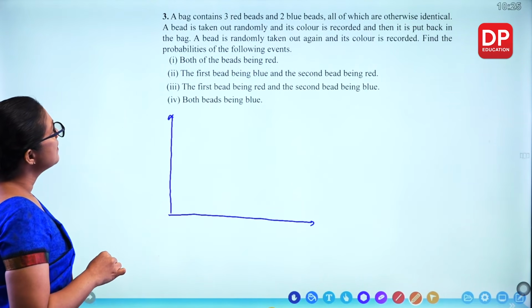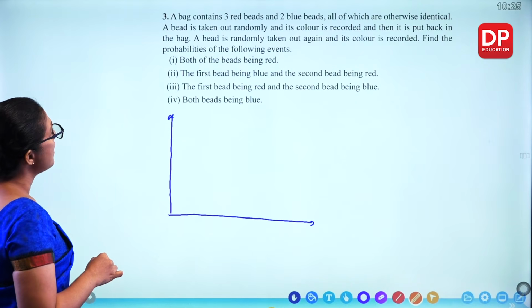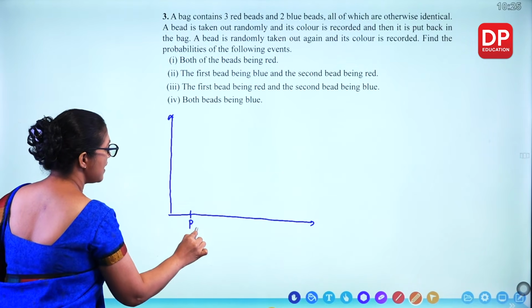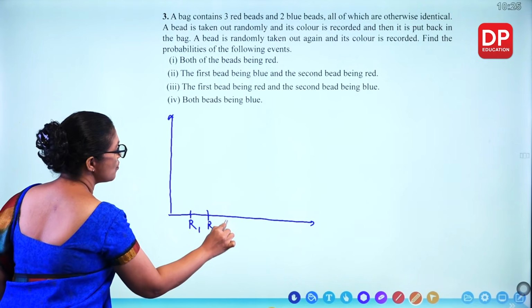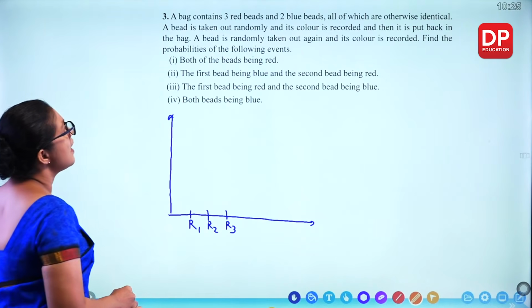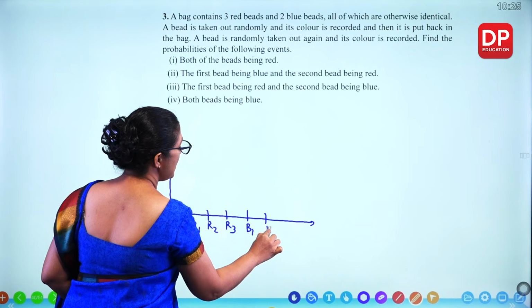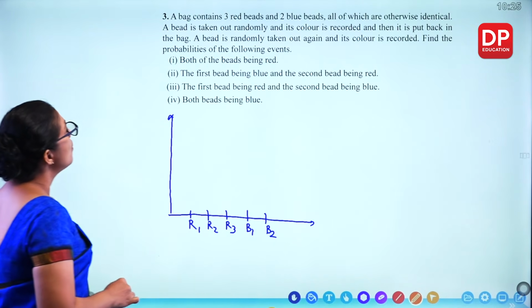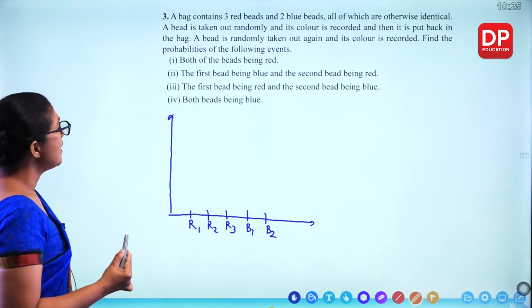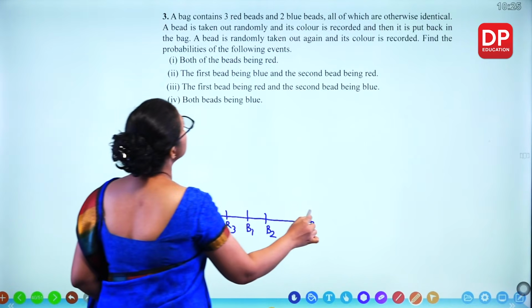What are the beads? 3 red beads, I can take R1, R2, R3. And 2 blue beads, B1, B2. And here the other bag. This is the first bead.